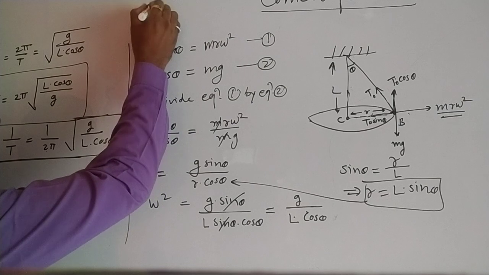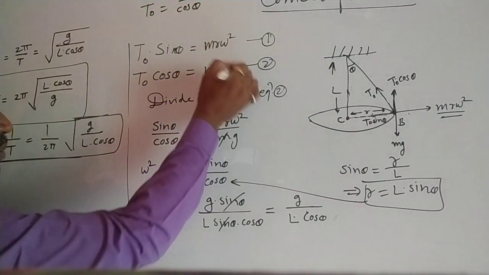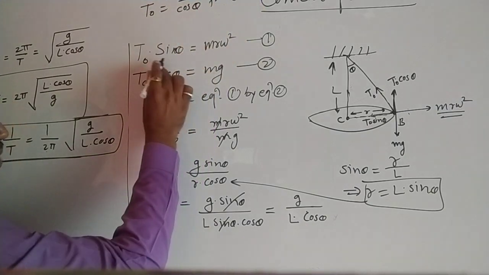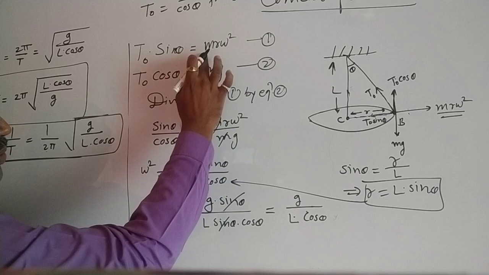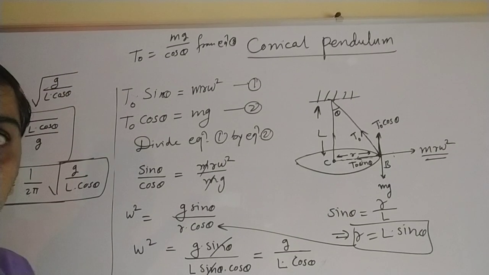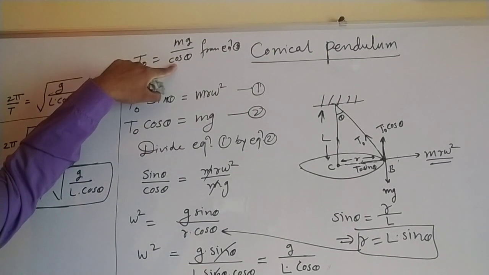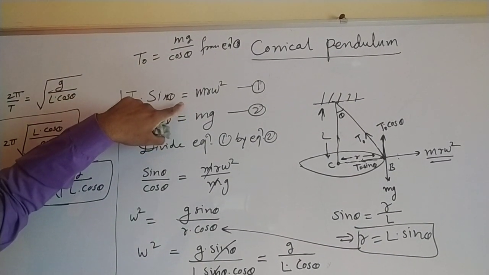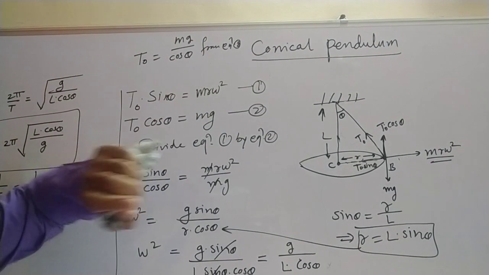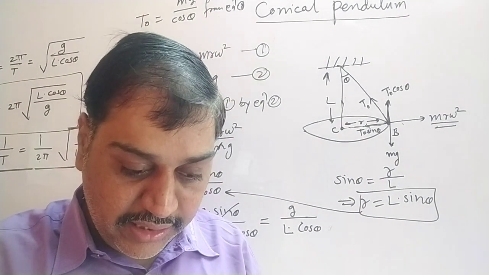So you can write T0 equal to mg divided by cos theta from equation 2. Similarly, from 1 you can find T0 equal to m r omega square divided by sin theta. So these are nothing but what? Conical pendulum.